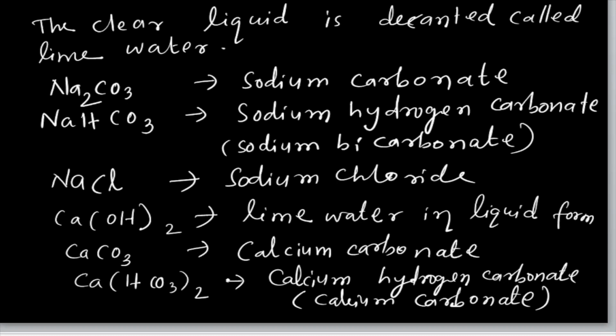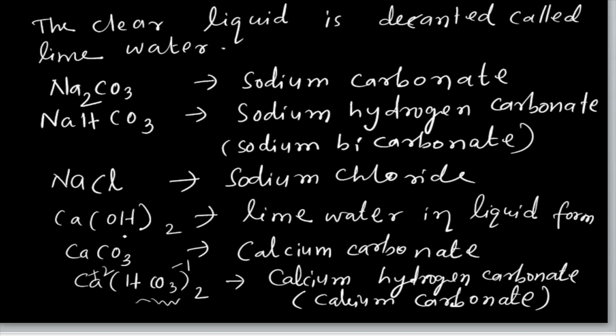Hydrogen carbonate is -1 and calcium is +2, so you put a 2 here, and the formula of calcium hydrogen carbonate is Ca(HCO3)2.